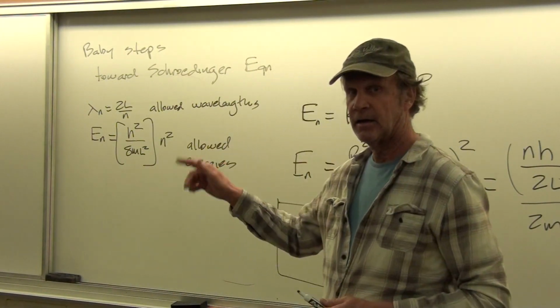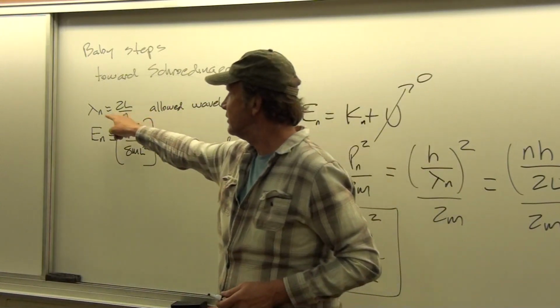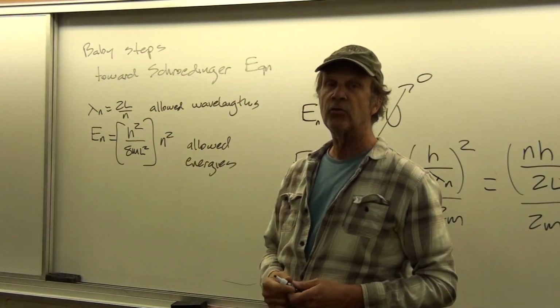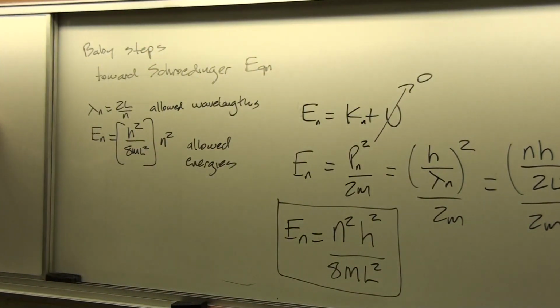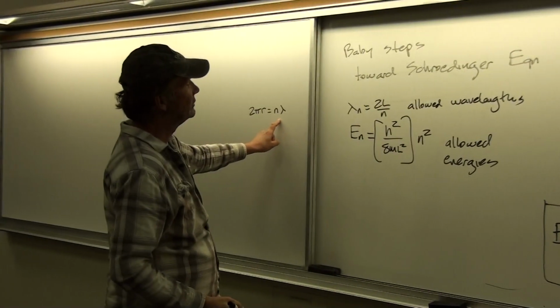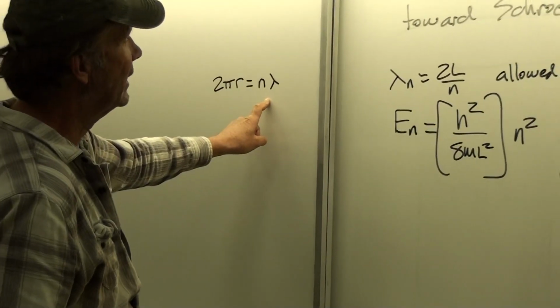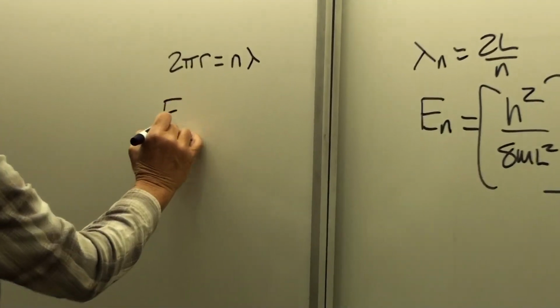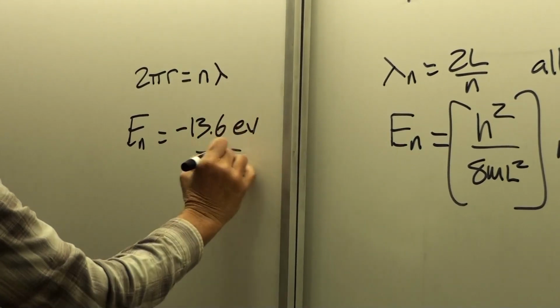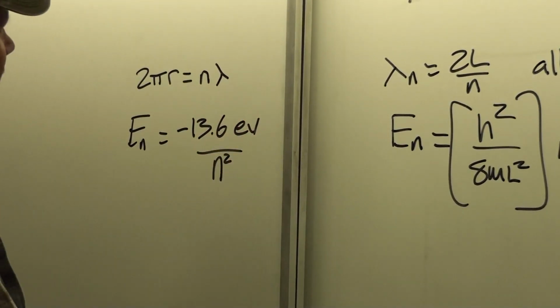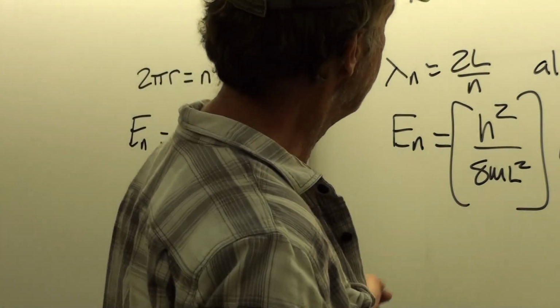With the electrons, they had a certain set of allowed wavelengths that could exist. For the hydrogen atom, it was 2 pi r equals n lambda. That was our standing wave condition for the hydrogen atom. And the nth state energy was minus 13.6 eV over n squared. So we've got that same sort of thing going here.